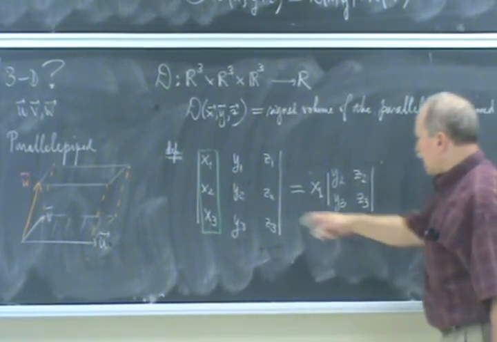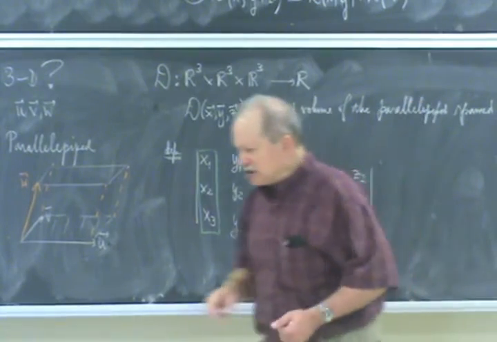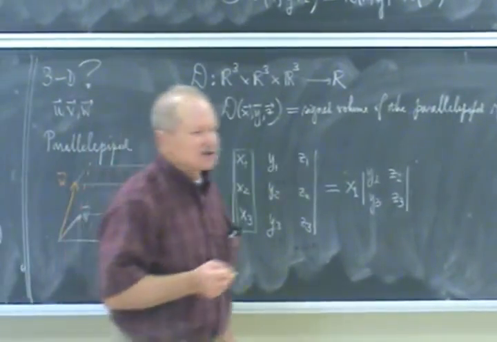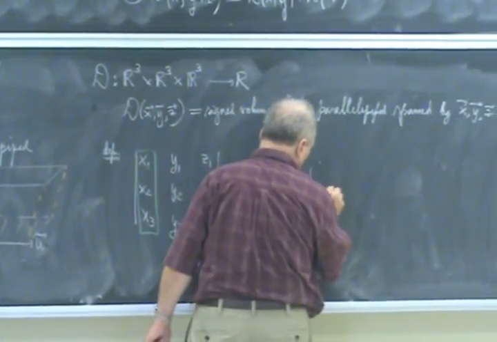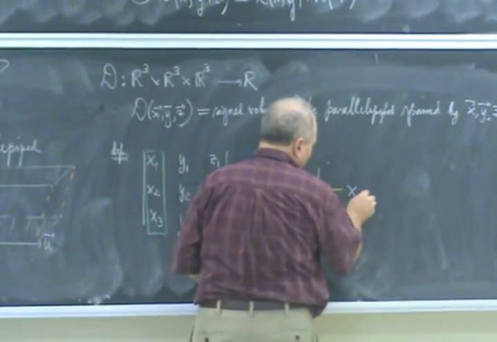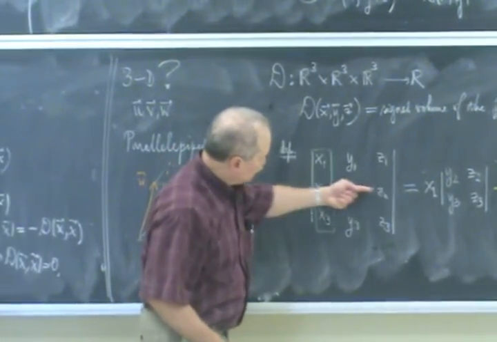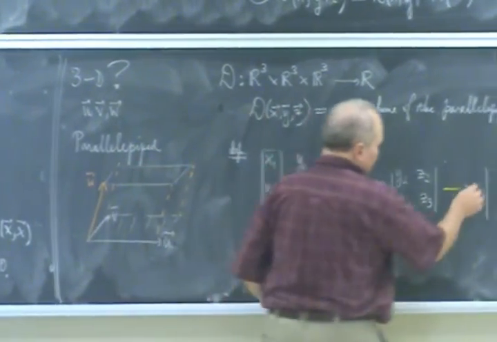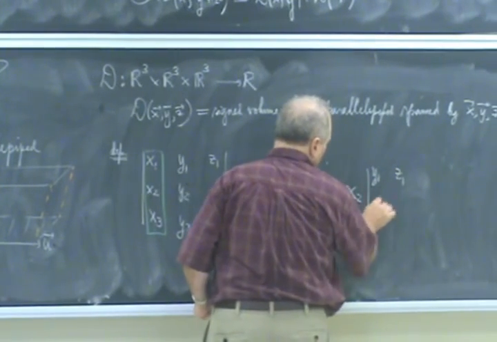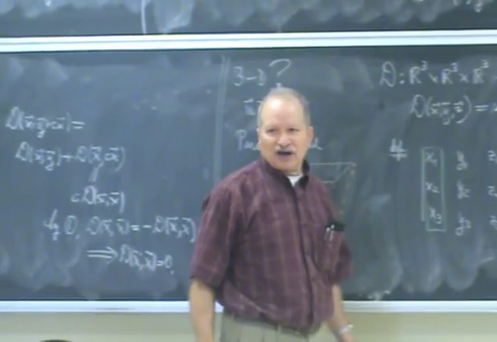You take the second element of x, and for some bizarre reason, which you will understand 6,000% in the spring, you put a minus sign. And then you remove the second row of the y's and z's, and you put the first and the third. Take that little determinant, which you already know how to do.